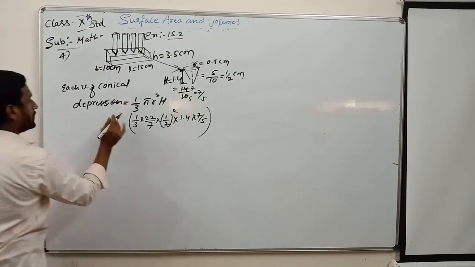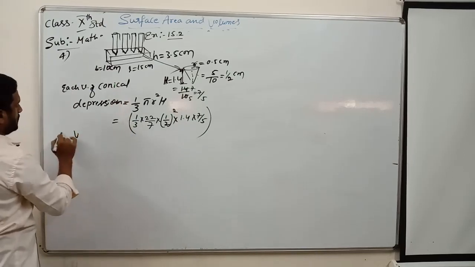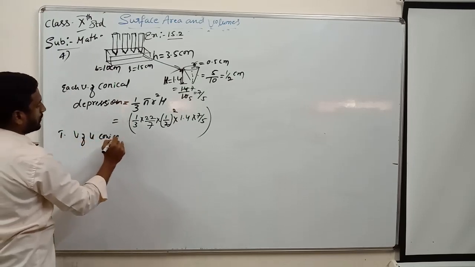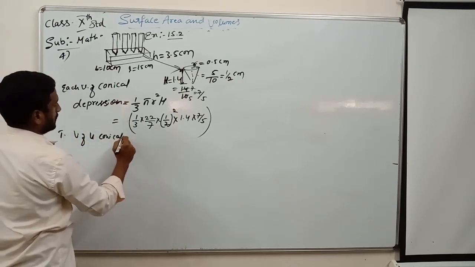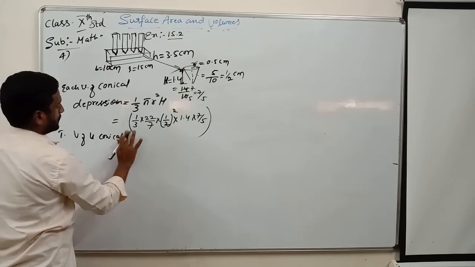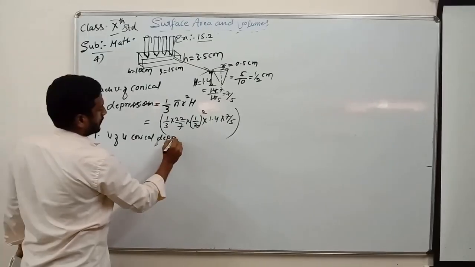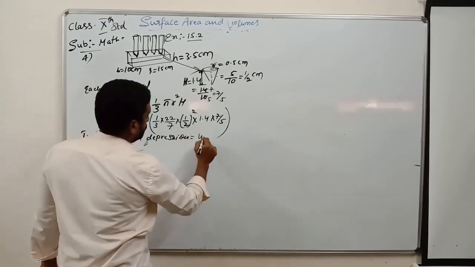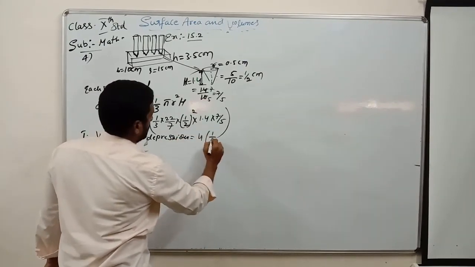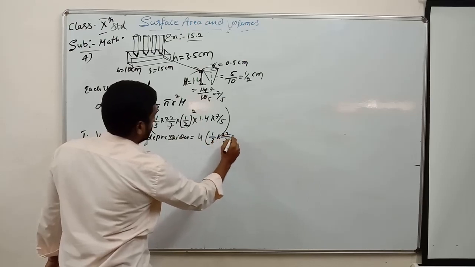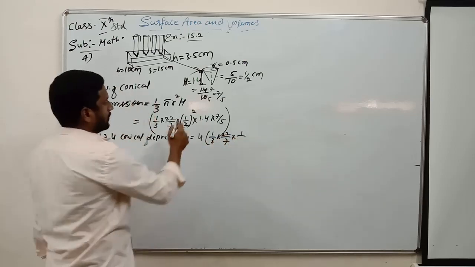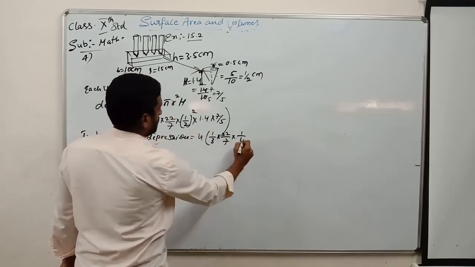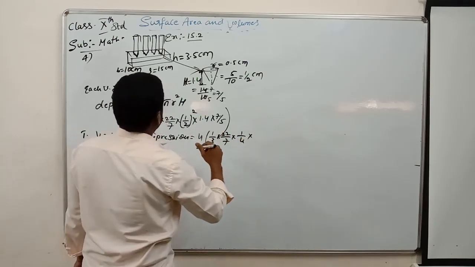So next, here the total volume of 4 conical depressions is equal to 4 into 1 by 3 into 22 by 7 into 1 by 2 square, into here 1.4.